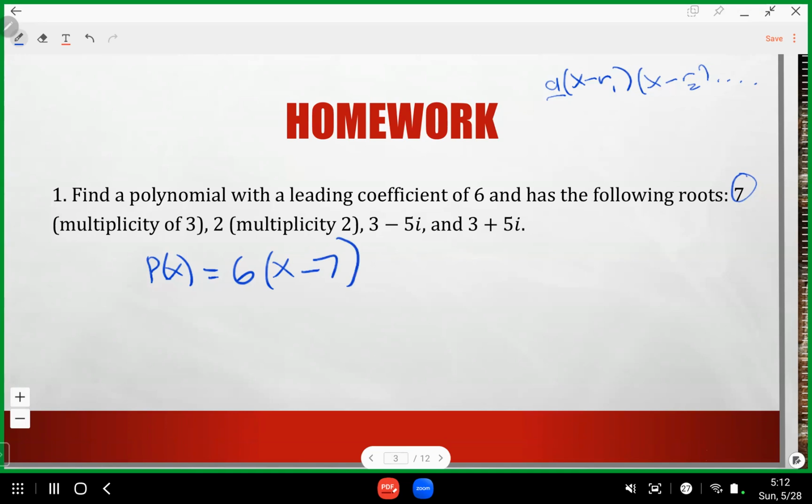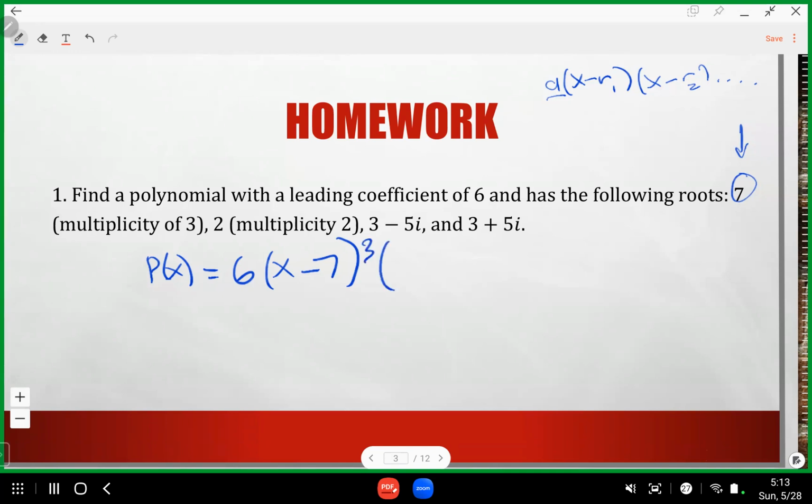What is the root? It's when x is equal to that number, then this polynomial equals 0, right? So it's x minus 7. What is multiplicity? How would you do multiplicity? The exponent. x minus 7 to the power 3.